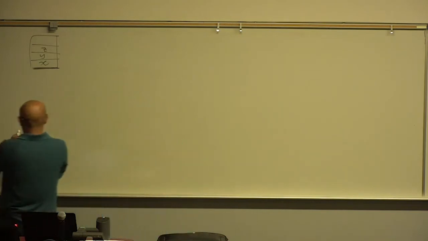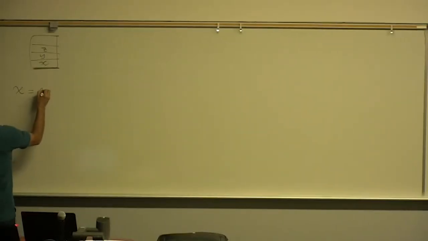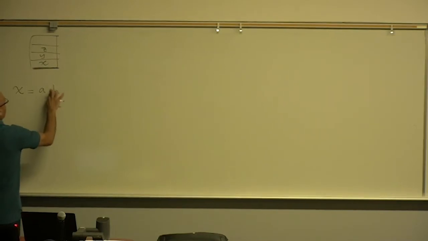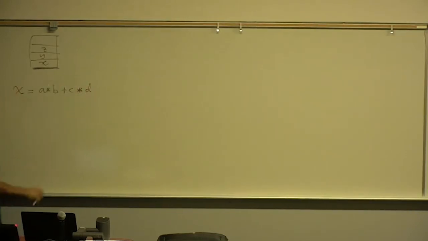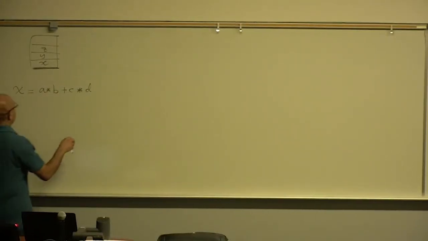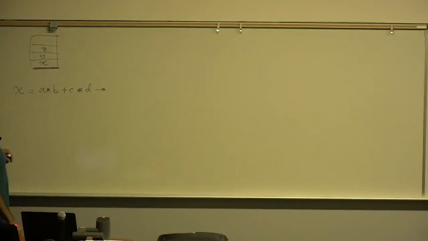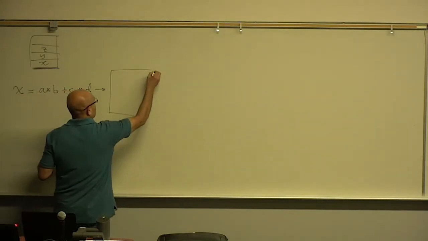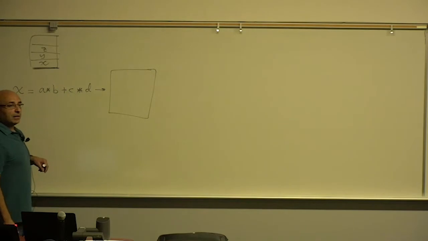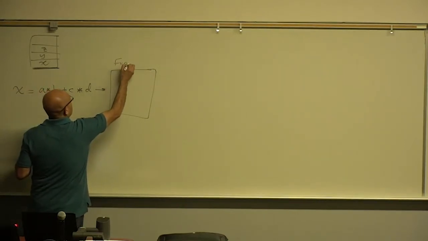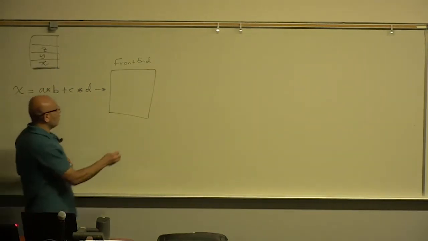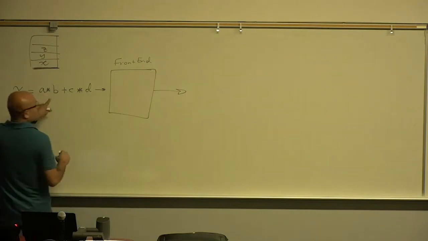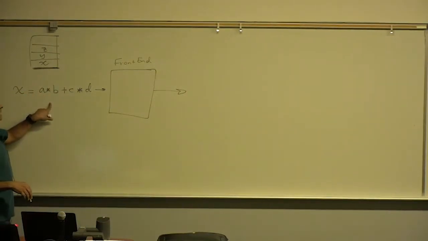So let's take an example that is a little bit more interesting. What if we have something like x equals a times b plus c times d? What if this is our input? In this case, the front end of the compiler is going to parse this, and it's going to translate this into a tree representation that we call the abstract syntax tree.